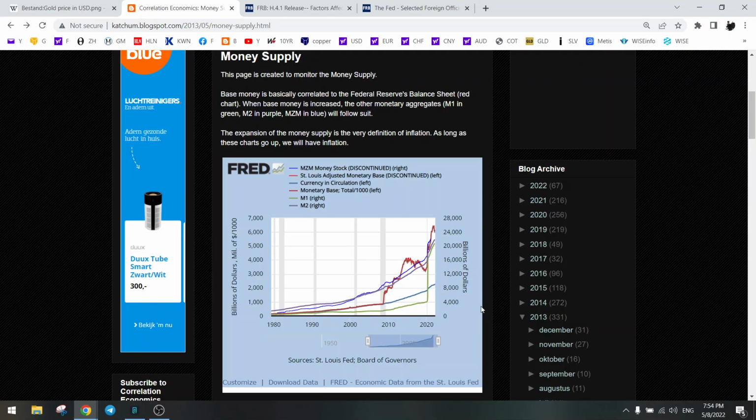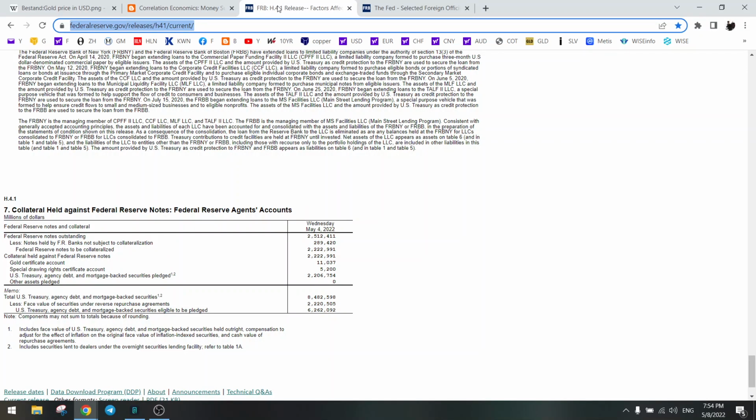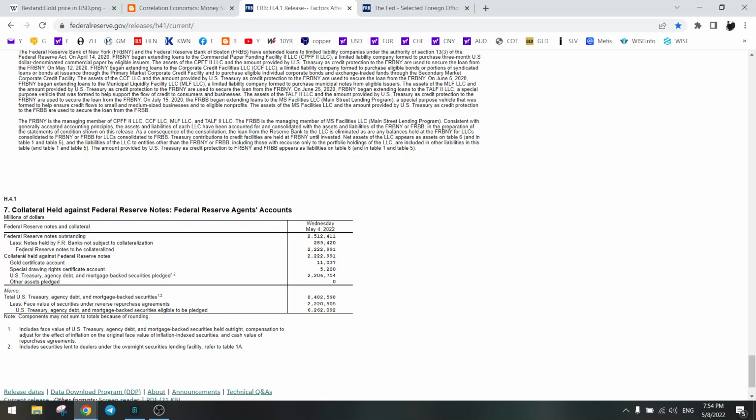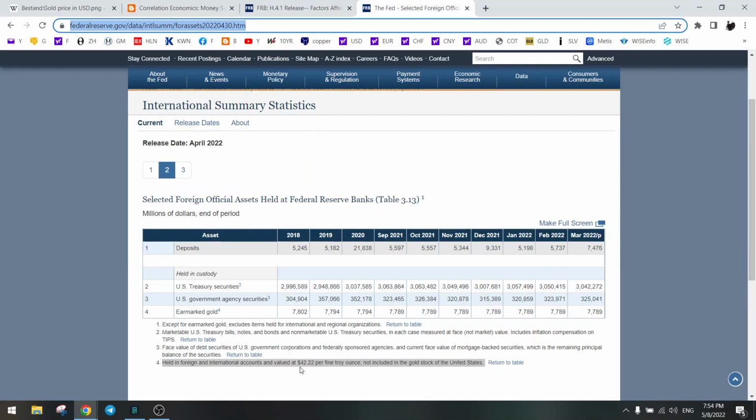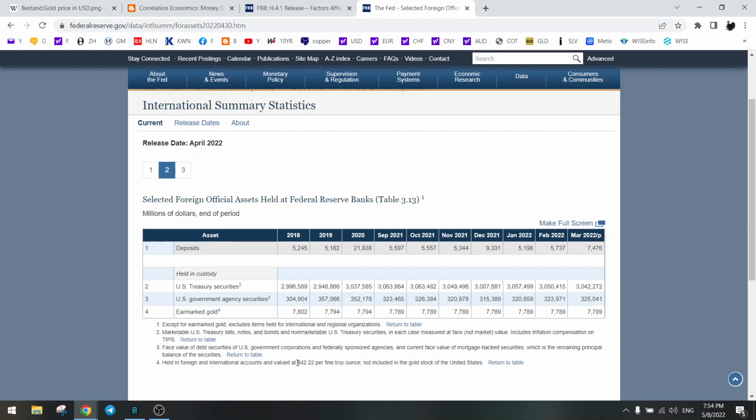And yeah, let's take a look at what the amount of gold is on the balance sheet of the Fed. So we can go here and look at the gold certificate account, which is 11 billion. So this is 11 billion, right? But you need to know that the gold on the Fed's balance sheet is valued at 42.22 per ounce.